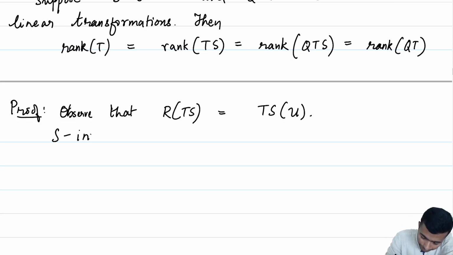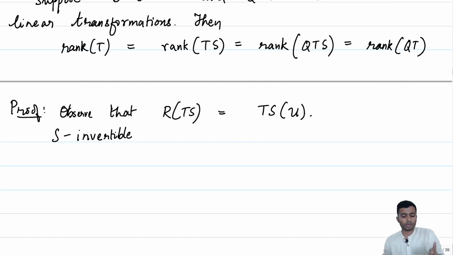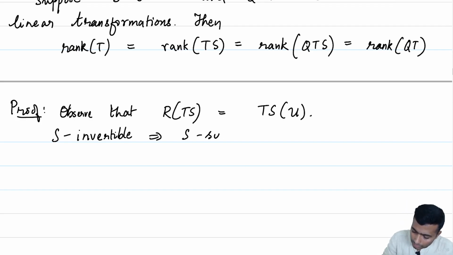What is a characterization of an invertible linear transformation? It is a linear transformation which is both injective and surjective. In particular, S is surjective.